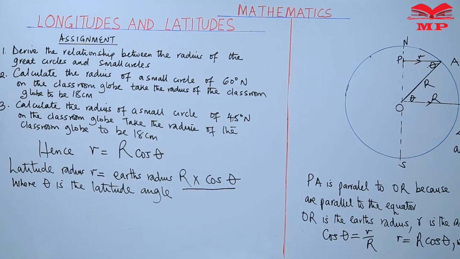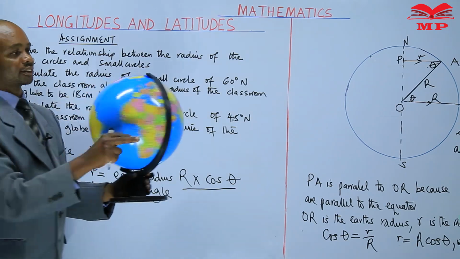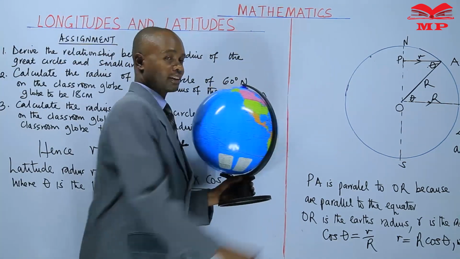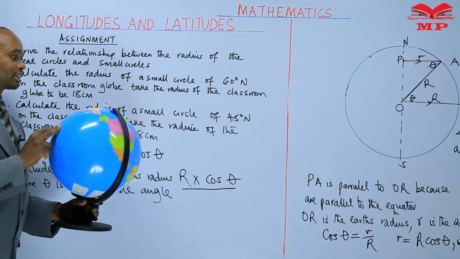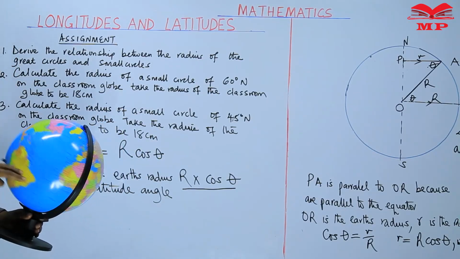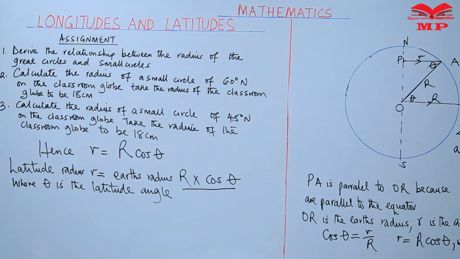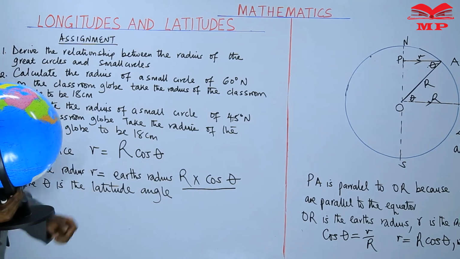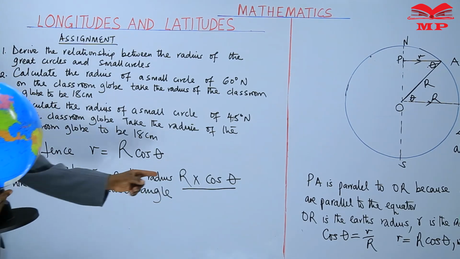So there goes the question. They are relating it to a classroom globe. So in number 2 and number 3, you'll assume that the big R, learner, they are now relating it to this. We are not on the earth. They are assuming that the big radius now is 18 centimeters. So it's a matter of substituting that radius of the class globe here.